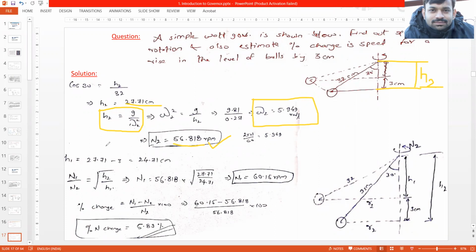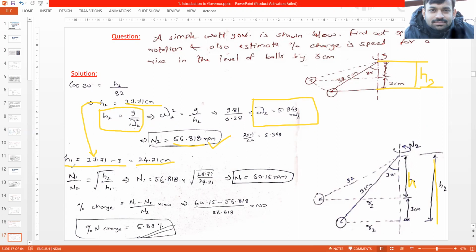New height is reduced by 3 centimeter. So h1 would be 27.71 minus 3 centimeter, that is h2 minus 3 centimeter. This is the new height, which comes out to be 24.71 centimeter. So this h2 was the total height, and h1 is the new height.